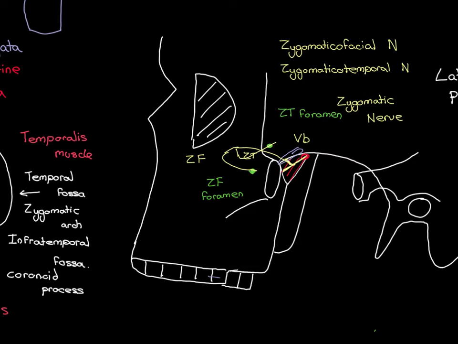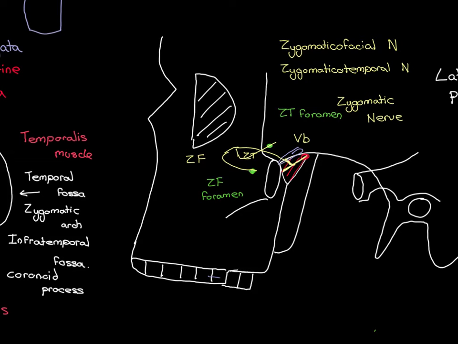So just to summarise what we've seen so far, the first branch that the maxillary nerve gives off, once it's got into the pterygopalatine fossa, is this zygomatic nerve, which goes through the inferior orbital fissure into the orbital cavity. There it splits into two.